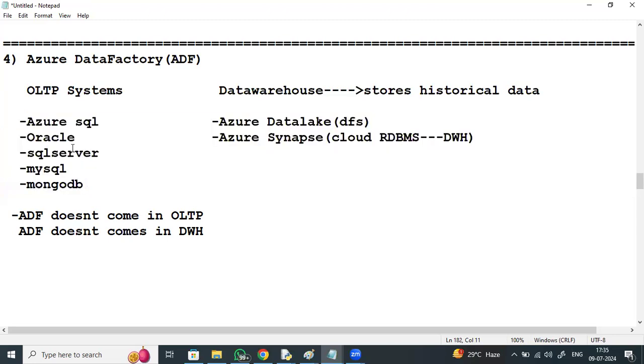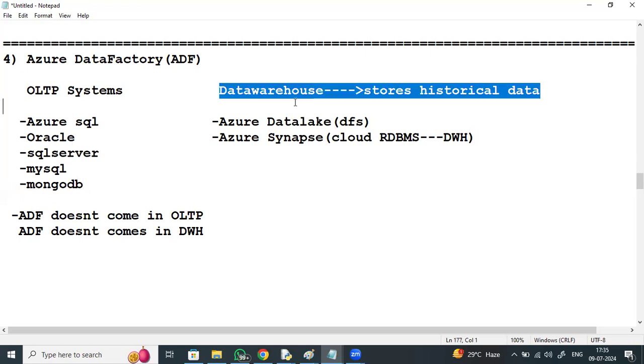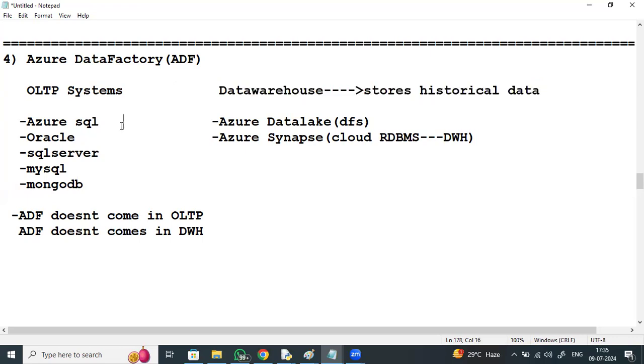The transactions I want to extract into the data warehouse, that is done by ADF. Extracting data from OLTP systems to the data warehouse is done by ADF.